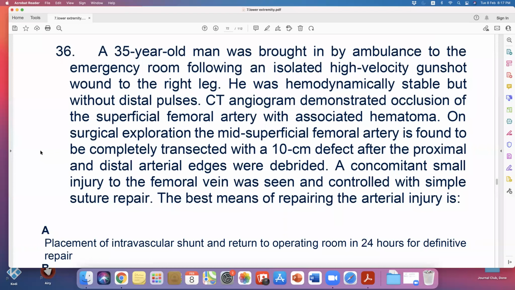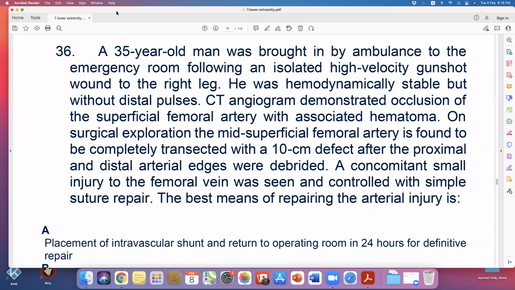A 35-year-old man was brought in by ambulance to the emergency room following an isolated high-velocity gunshot wound to the right leg. He was hemodynamically stable but without distal pulses. CT angiogram demonstrated occlusion of the superficial femoral artery with associated hematoma.